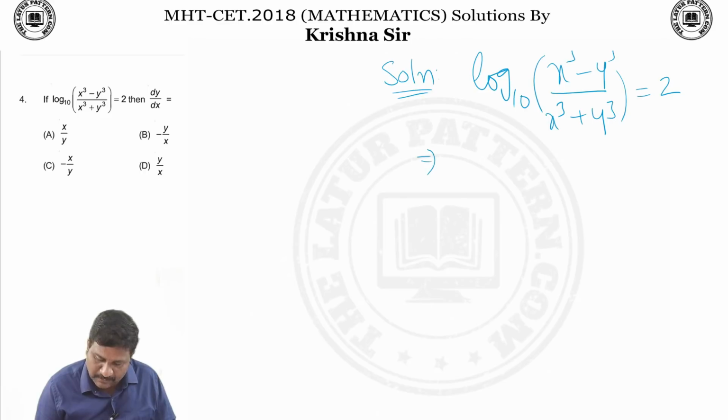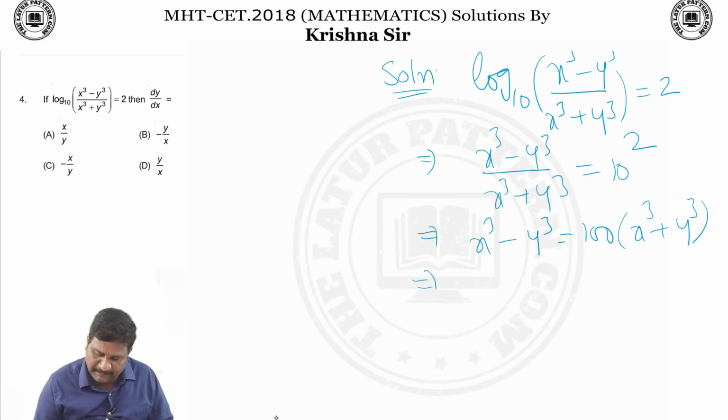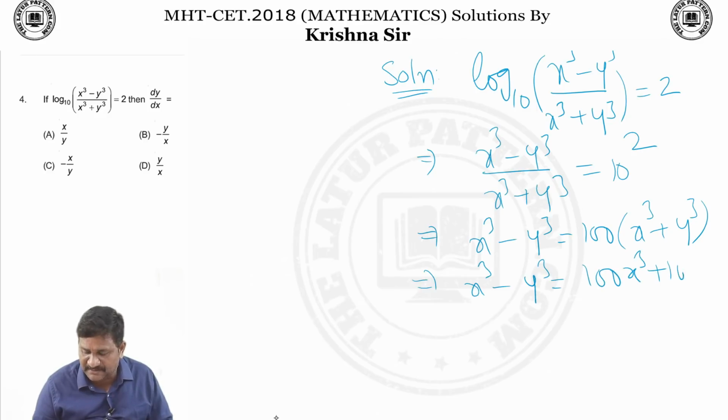Taking the base 10 to the other side, (x cube minus y cube) upon (x cube plus y cube) becomes 10 square. So x cube minus y cube is equal to 100 into (x cube plus y cube) by cross multiplication. Now multiplying, x cube minus y cube equals 100 x cube plus 100 y cube.